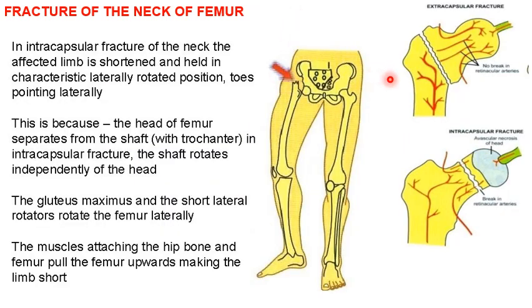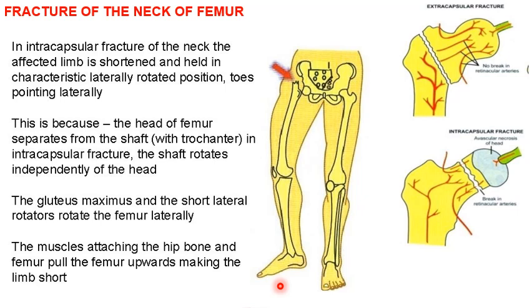And if there is intracapsular fracture of the neck, the affected limb, here you can see, is shortened and laterally rotated. That is, the toes point laterally.